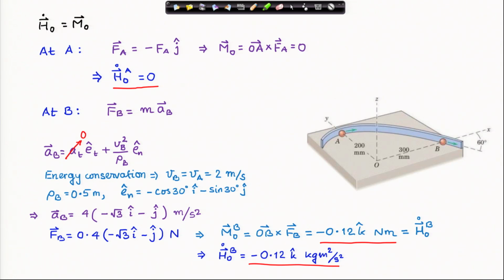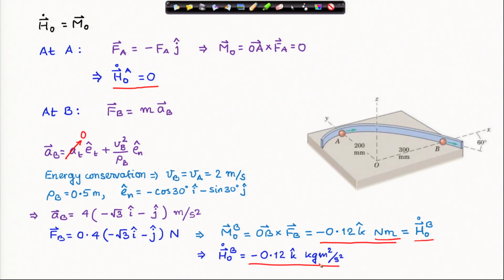Now, here I would like to point out the units of this rate of change of angular momentum about O. This is moment, Newton meter, and that is equal to the rate of change of angular momentum.